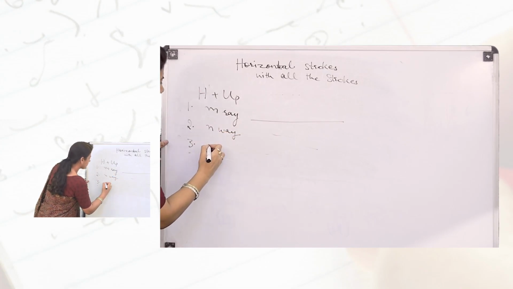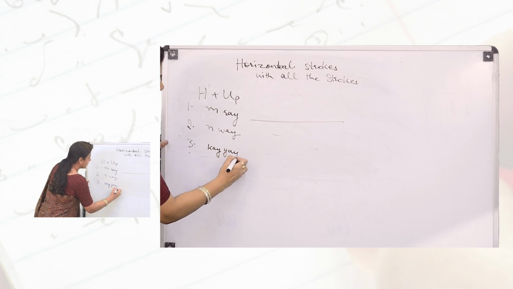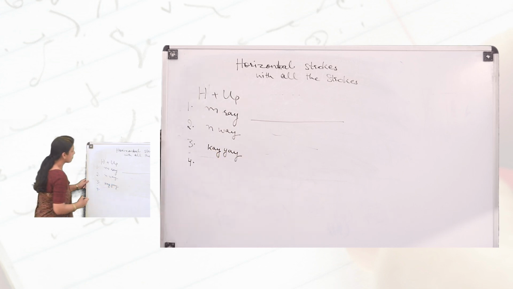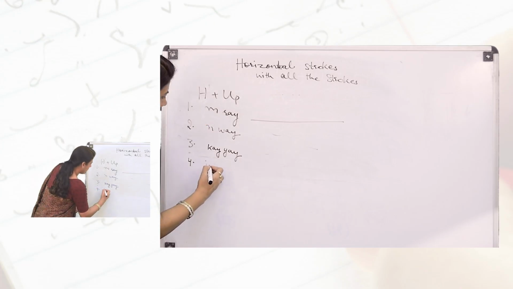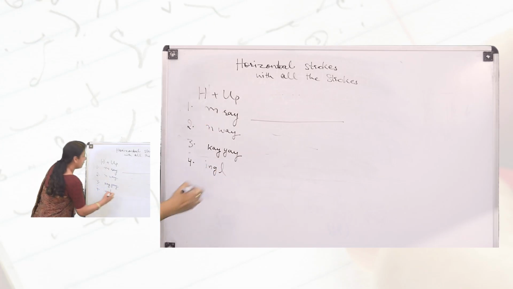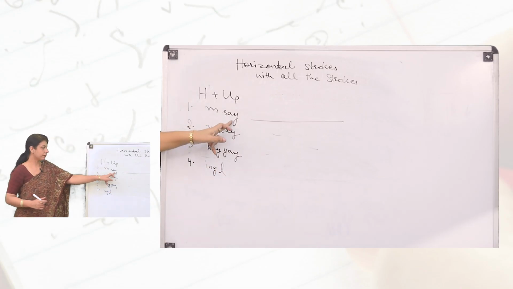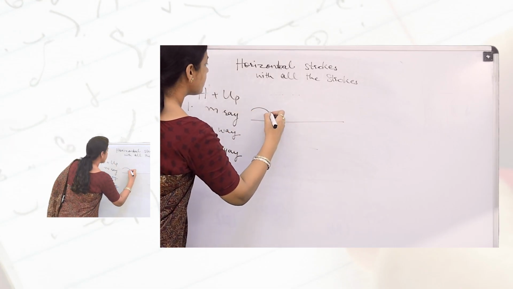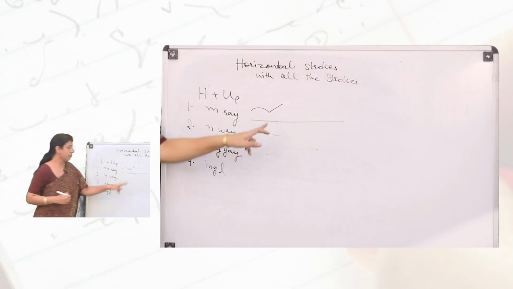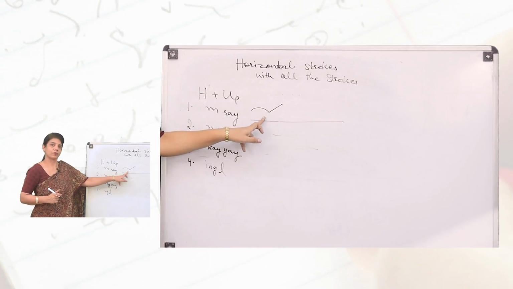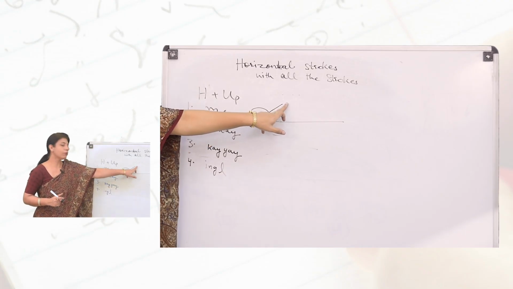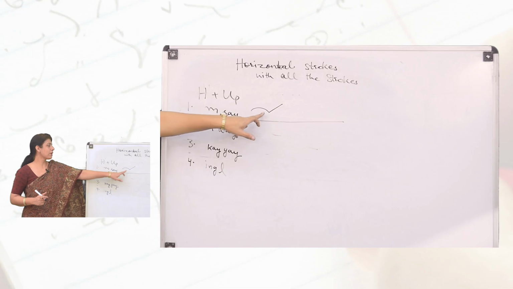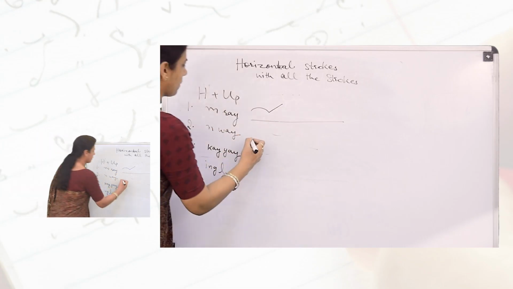Horizontal is K and Ye. Fourth example we can take ing, L. So M, ray. M should be above the line. Wherever M ends, ray follows. Now ray is an upstroke, so it has to be only from bottom to top. So this is a joining of M and ray at first place.